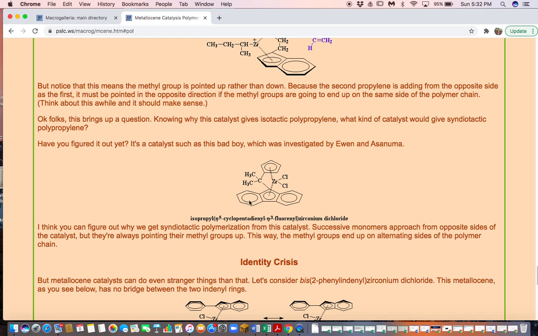So the methyl groups, for example, if you're bringing in propylene, they'd be pointed one direction coming in from here and another coming in from here. So depending on how you produce these zirconocenes will determine whether you get a syndiotactic or isotactic polymer.